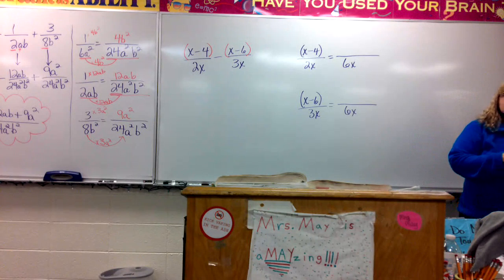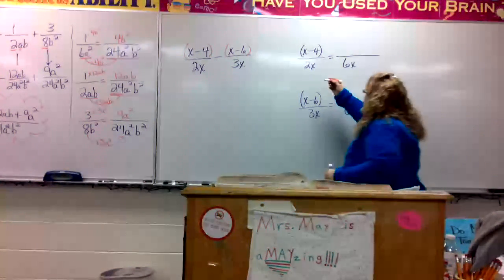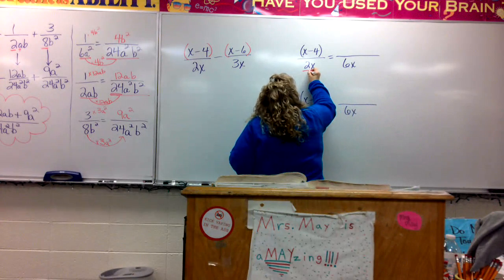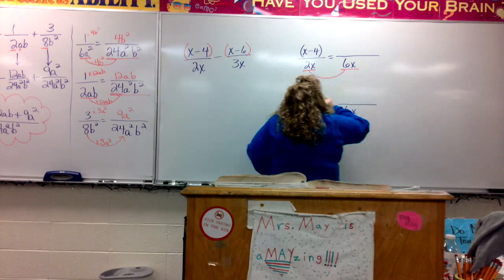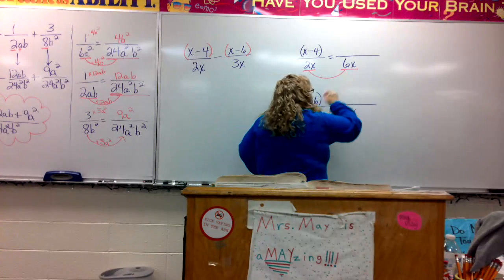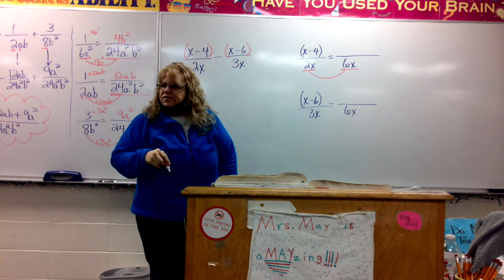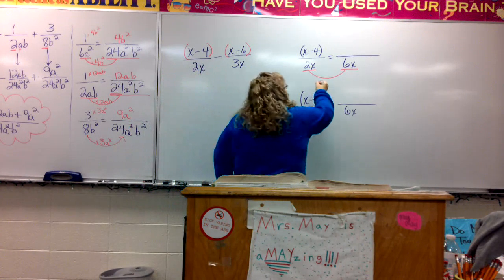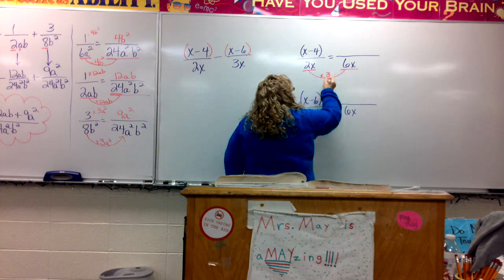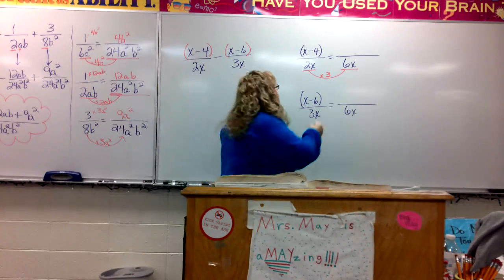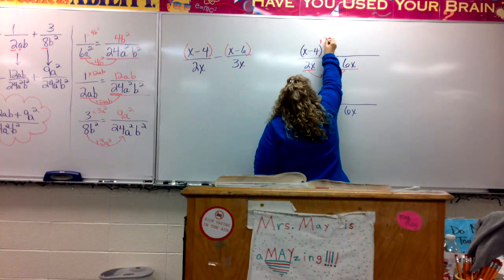So you have to ask yourself then, how did I go from 2x to 6x? What did I multiply by from 2x to 6x? 2 times what is 6? 3. So I'm going to multiply just by 3, right? That's all. So I need to multiply the top by 3.